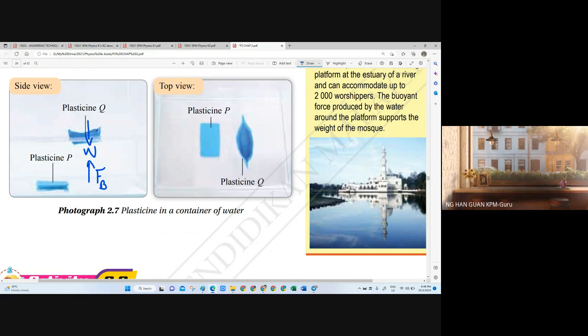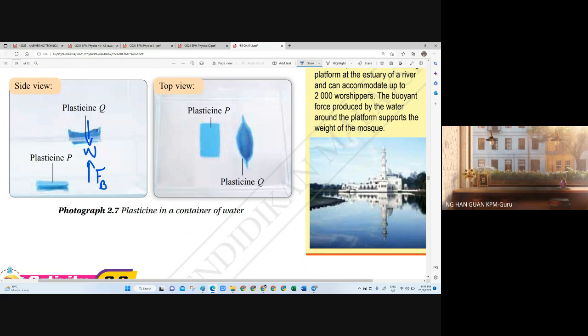Floating doesn't mean that it must be on the surface, above the water. It only experiences the buoyant force when immersed in the water, because the buoyant force is based on the weight of the liquid displaced by the object when immersed into the water.